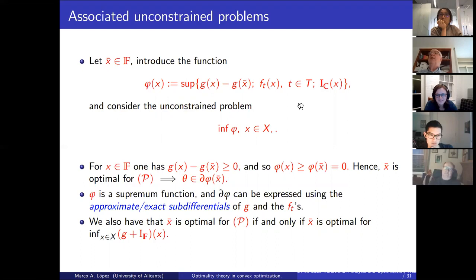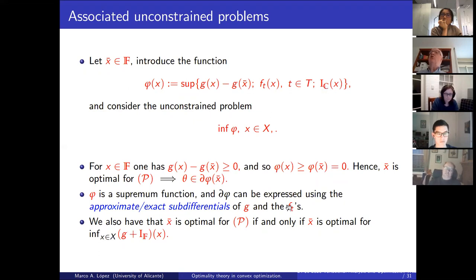And so, thanks to the fact that in any feasible point all the functions f_t take a value less than or equal to 0, and the indicator function 0, that means that if x bar is optimal for my problem, it is optimal for the unconstrained problem. And so 0 should belong, by the Fermat rule, to the subdifferential of this function. But I need formulas for expressing in a reasonable way the subdifferential of this supremum.